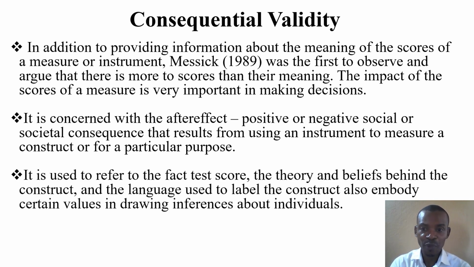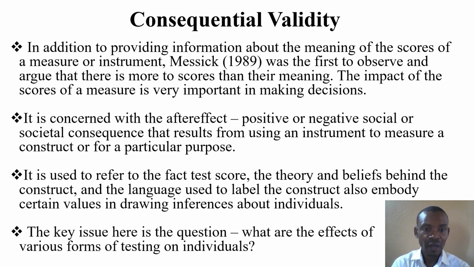The effects could be positive or negative, relating to social or societal consequences that result from using that instrument to measure a construct or for a particular purpose. So in drawing inferences about the behavior of individuals, the type of instrument developed to measure that behavior needs to be considered very critically if it has consequences or not.